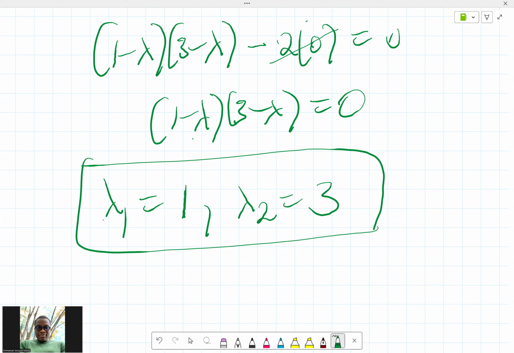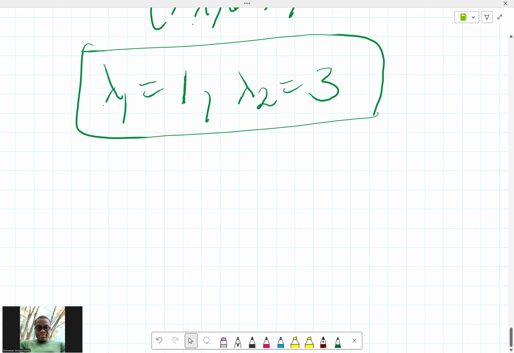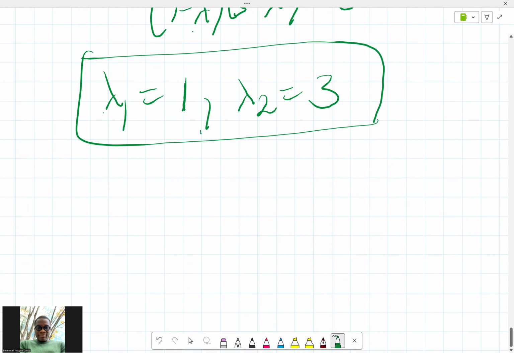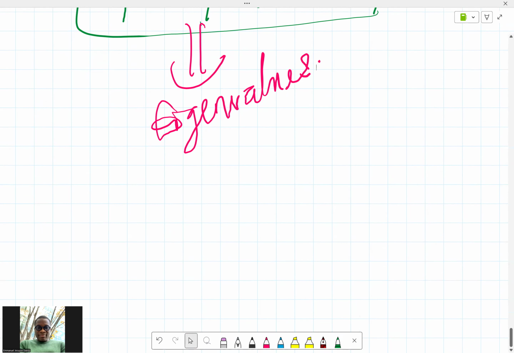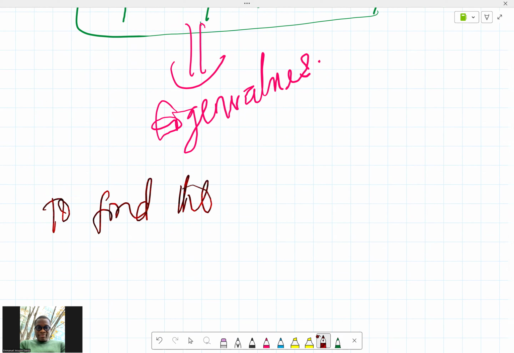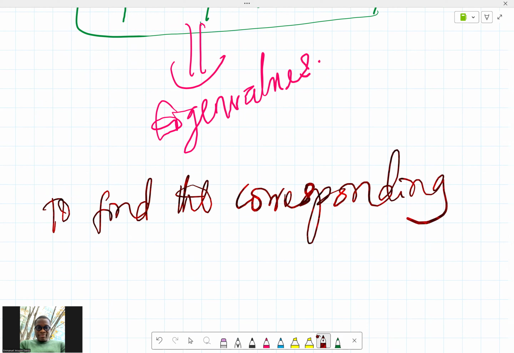These are the eigenvalues. The next thing we want to do is to find the corresponding eigenvectors.